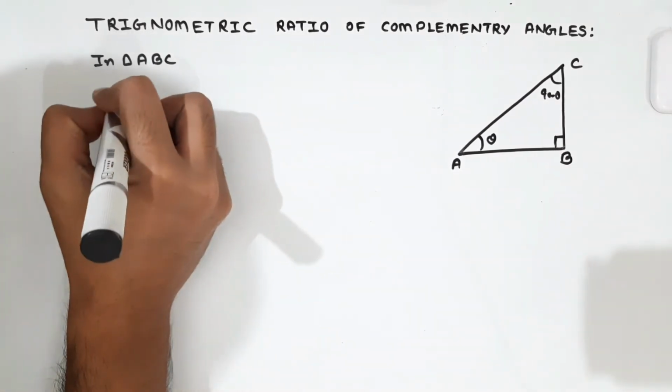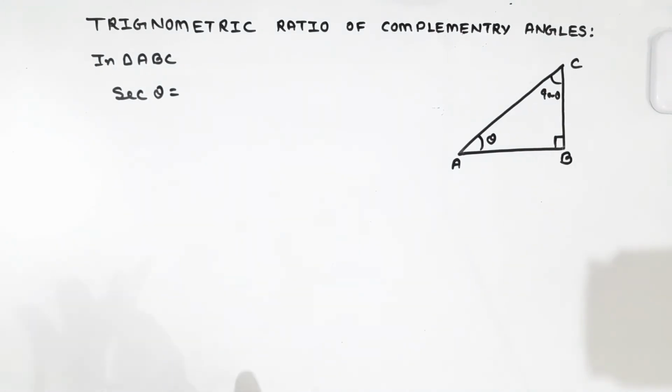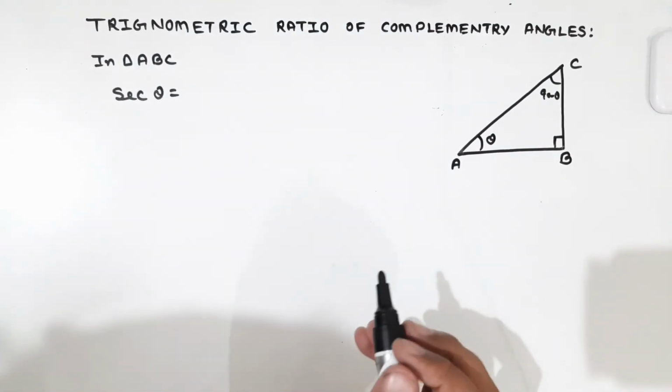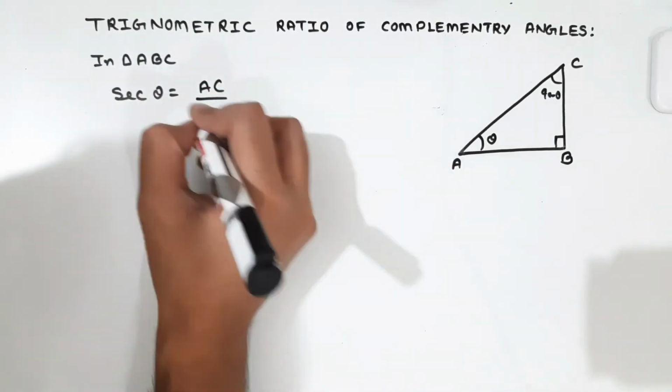Now sec of angle theta will be hypotenuse upon base, that is our hypotenuse is AC and base is AB.